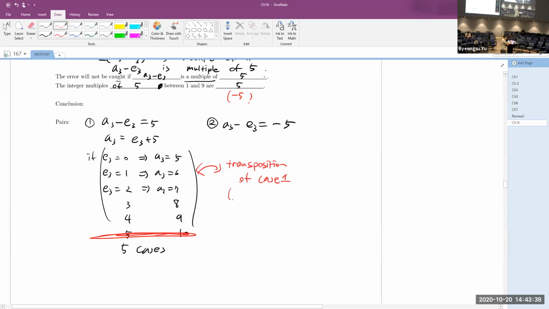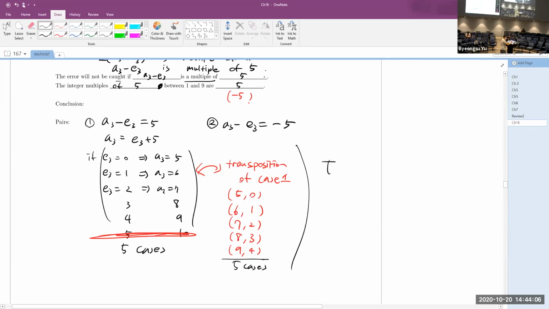So here, what we have is 5, 0; 6, 1; 7, 2; 8, 3; and 9, 4. Transposing everything, again it gives us 5 cases.